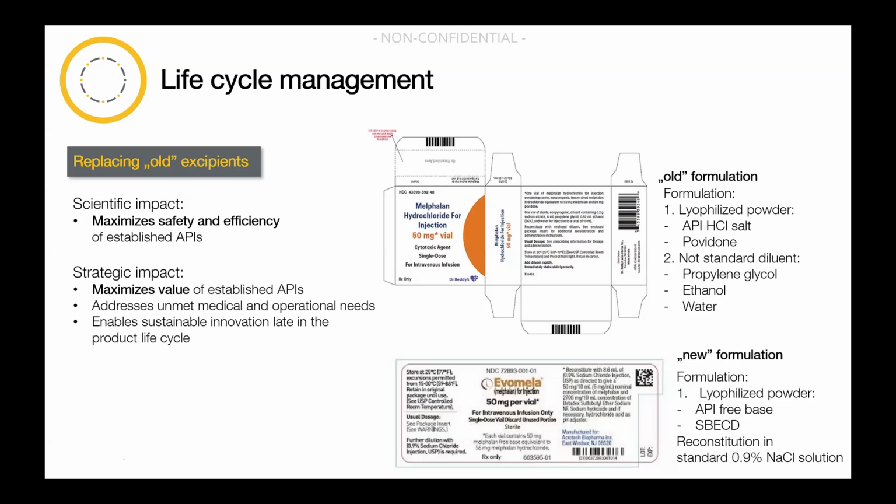However, in the new formulation, you have a lyophilized powder of the free base API, so not even the hydrochloride salt is needed. You just use the basic free base API with sulfobutyl cyclodextrin, and you can use a standard solution to reconstitute in the clinics.